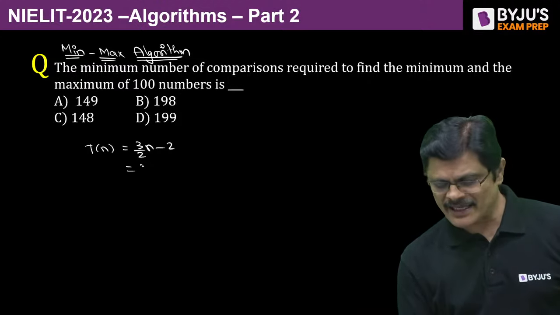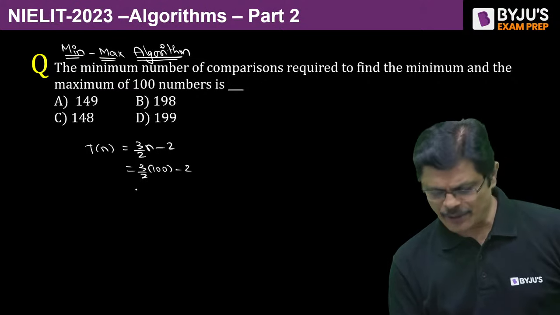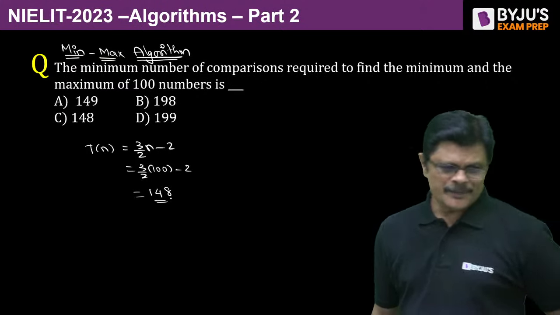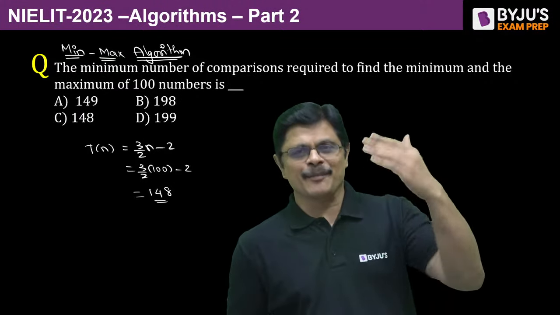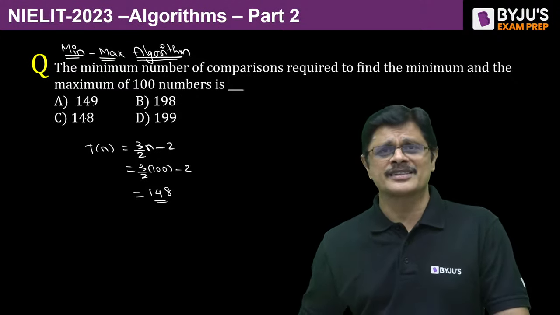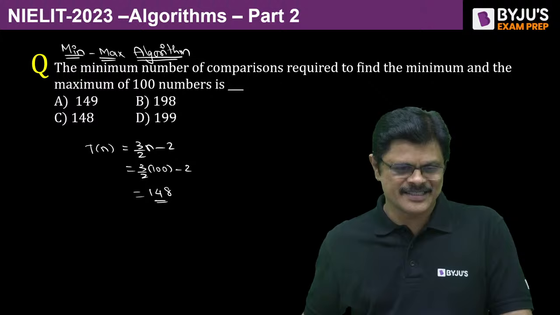So here n is 100, so 3 by 2 into 100 minus 2. Very good, Vishal Srivastava, the answer is 148. That is the exact number of comparisons. When you solve the divide and conquer recurrence exactly, you are going to get this particular answer, my dear friends.